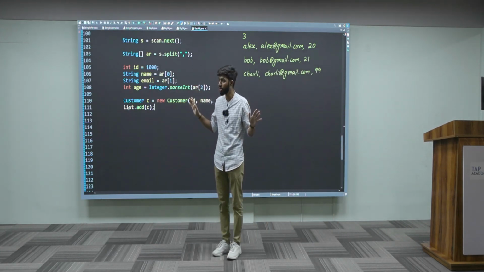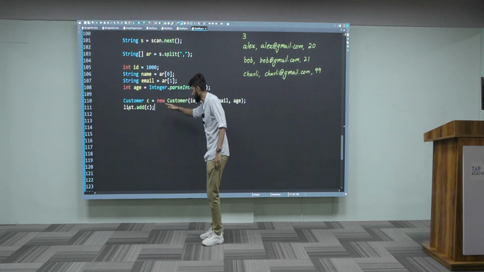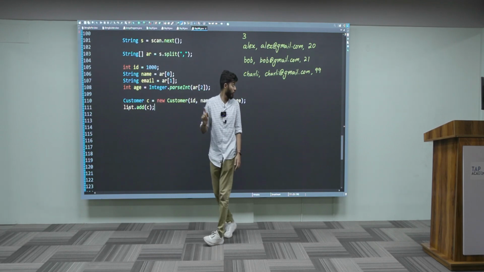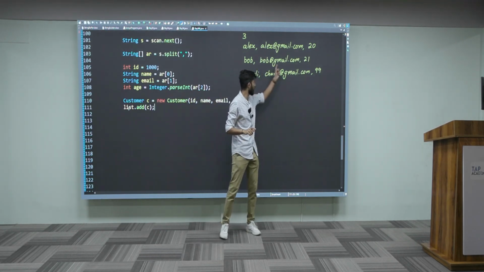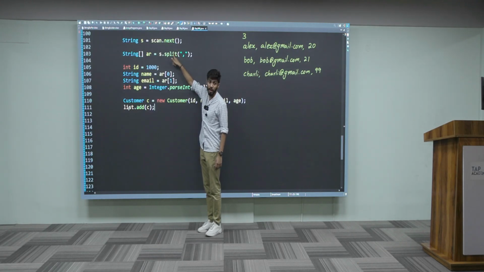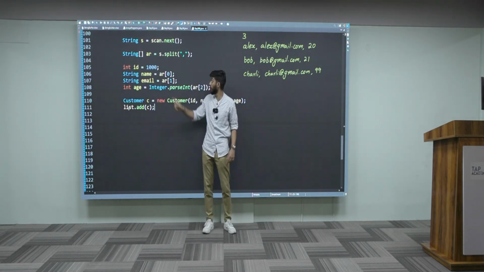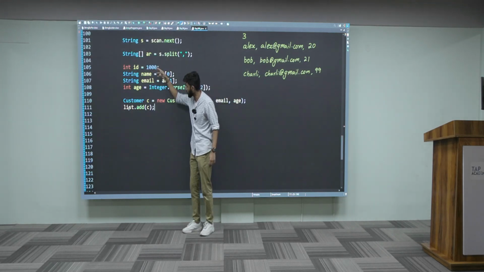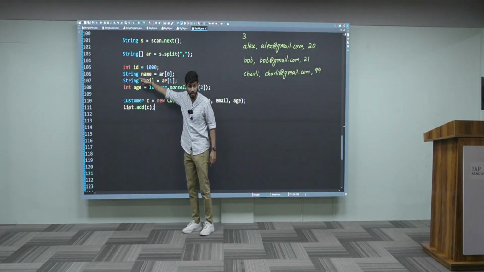Are you sure? After you have added one customer, should you again add the next customer or not? If you are adding the next customer, first you should take this input. I am taking the input. Next you need to split into multiple inputs. I am splitting into multiple inputs over here. After that I need to extract all the values. I am extracting all the values, storing it inside a variable.